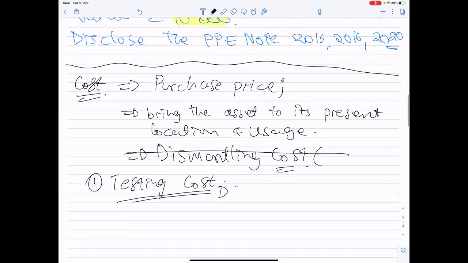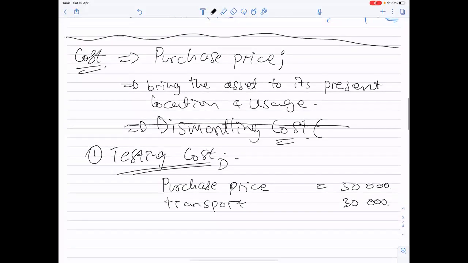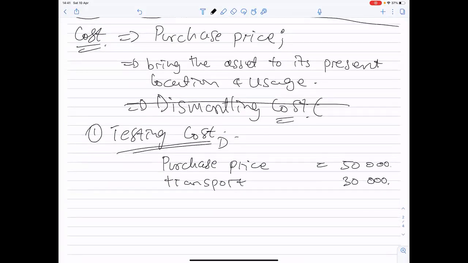Let's say that you bought an asset, the purchase price is 50,000. You transport the asset for 30,000. Then you can have, let's say, the installation of the asset. Let's say it is 10,000.